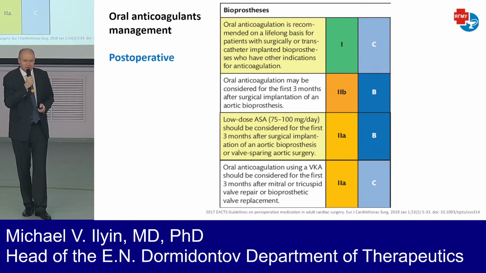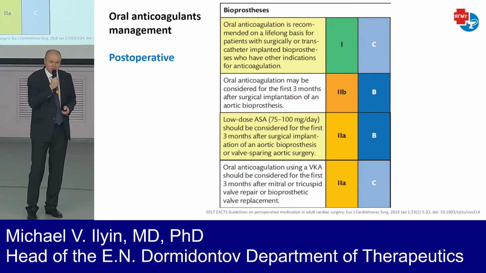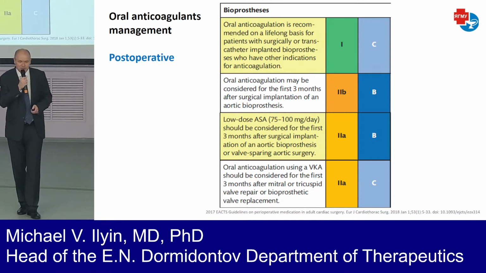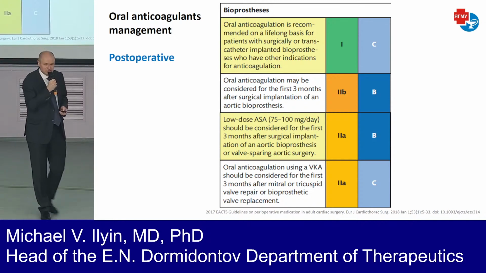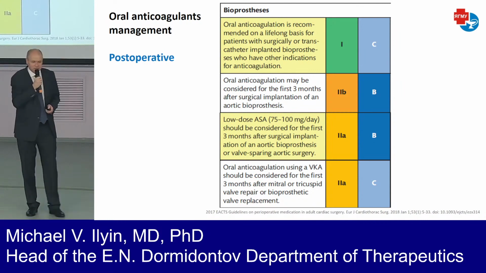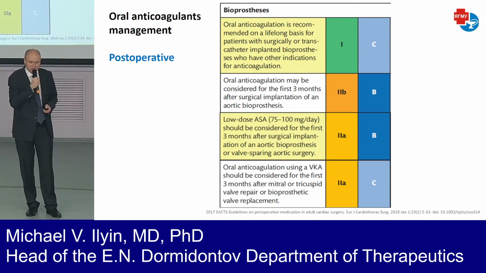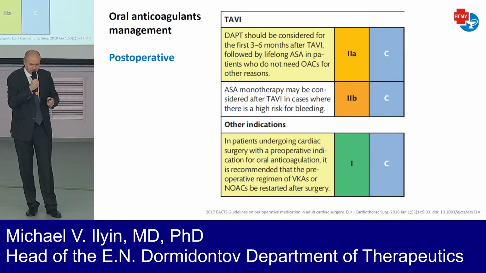Oral anticoagulation may be considered for the first 3 months after surgical implantation of an aortic bioprosthesis. And low dose of aspirin should be considered for the first 3 months after surgical implantation of an aortic bioprosthesis or valve-sparing aortic surgery. And oral anticoagulation using VKA should be considered for the first 3 months after mitral or tricuspid valve repair or bioprosthetic valve replacement.